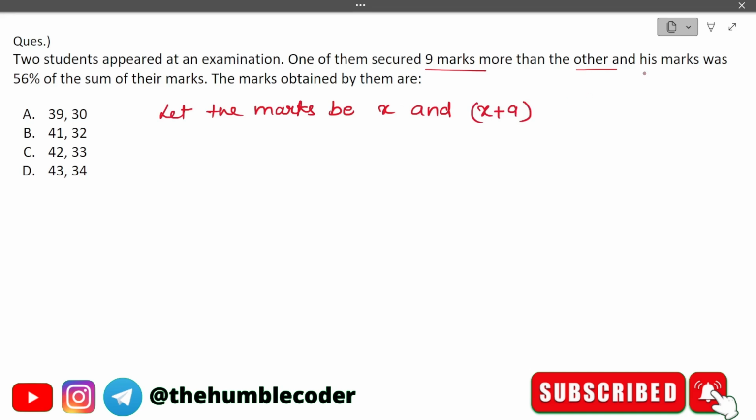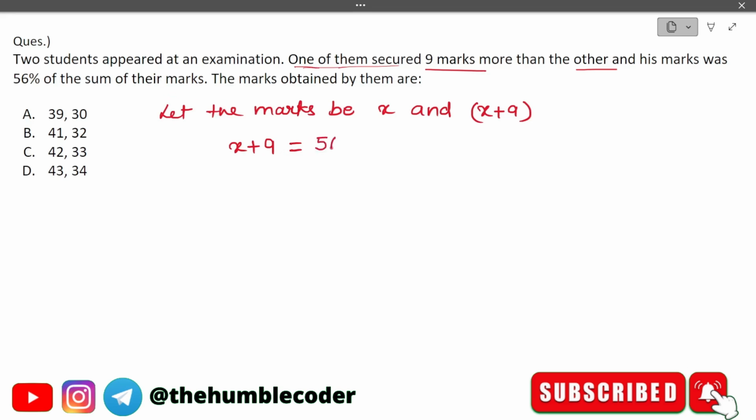Then the other thing told is, read this statement from here: one of them secured 9 marks more than the other, and his marks were 56% of the sum of their marks. With this statement we can create one more equation. The 9 more marks than the other is equal to 56% of the sum of their marks.